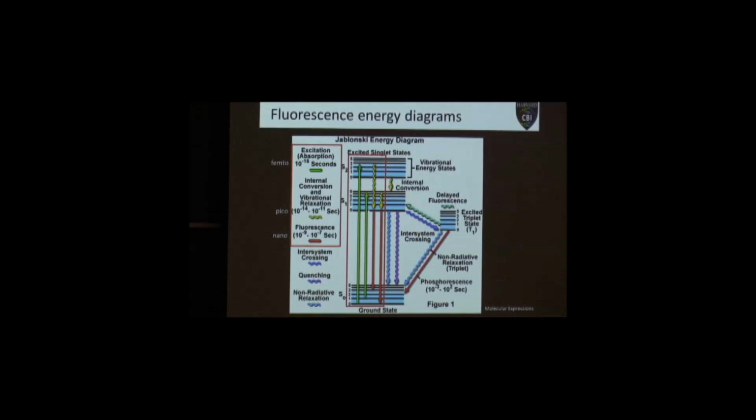FRET imaging. Since the fluorescence lifetime of a fluorophore depends on both radiative, i.e., fluorescence, and non-radiative, i.e., quenching, processes, energy transfer from the donor molecule to the acceptor molecule will decrease the lifetime of the donor.